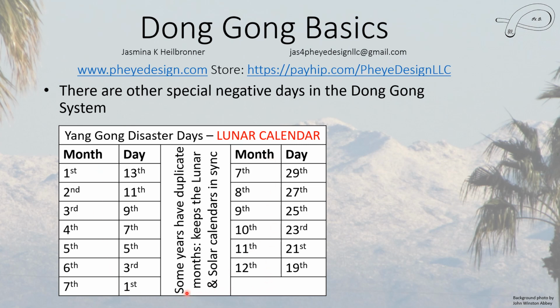The interesting thing to know is they want to keep the Chinese lunar calendar and the Chinese solar calendar somewhat in sync, so some years have duplicate months. And actually, 2025 has a duplicate month. I think it is the 6th month that duplicates.